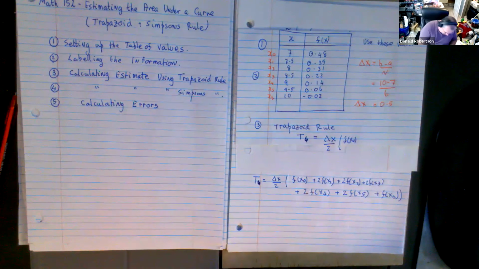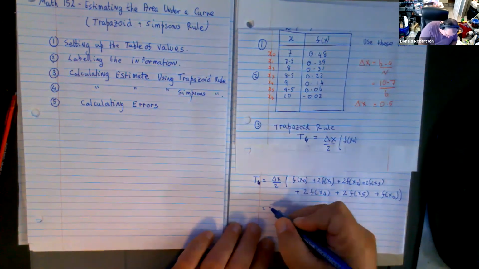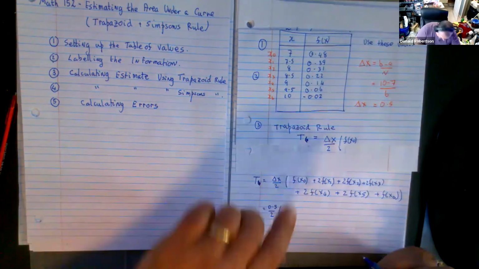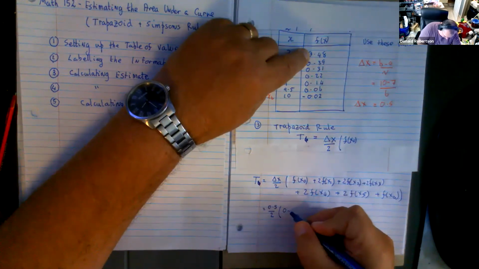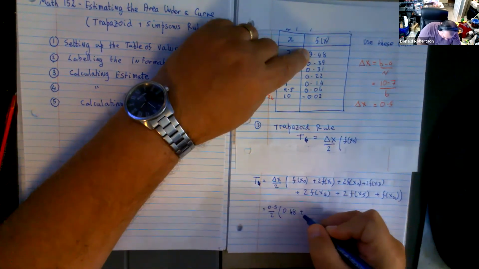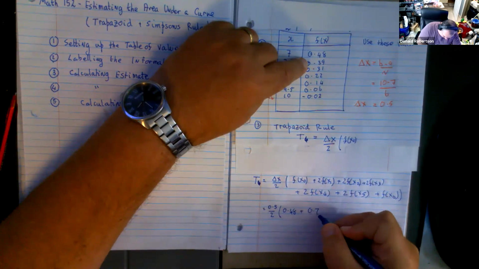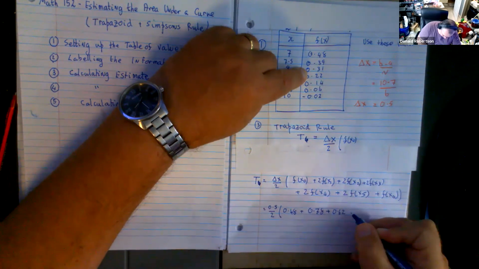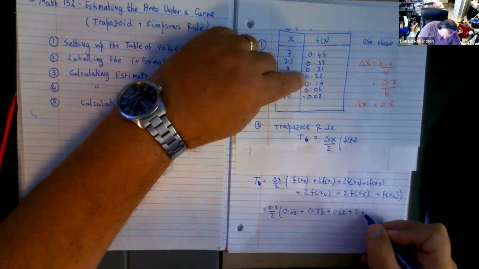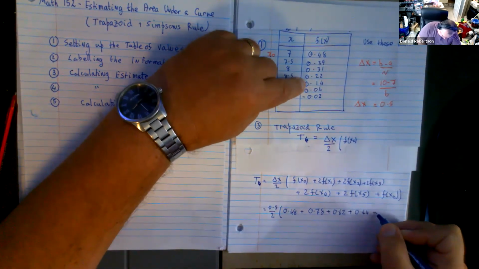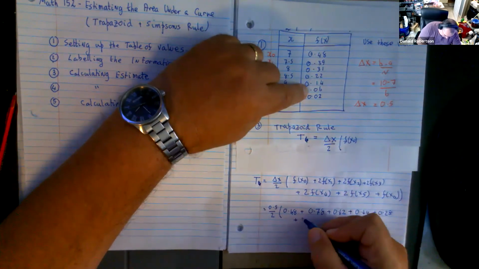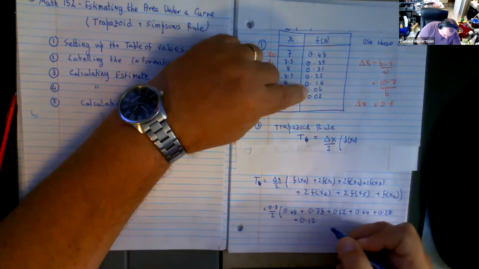Okay, here goes. Delta x is 0.5 over 2. One of these guys, 2 of this guy, 2 of this guy, 2 of this guy, 2 of this guy, 2 of this guy, and 1 of this guy.